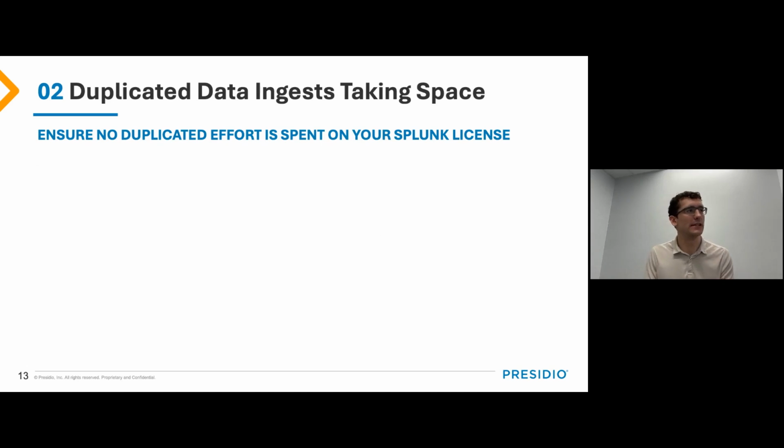Lastly here, duplicate data ingest. It's important to know that all the data coming into your system is actionable and useful, and that your full investment into your on-prem or cloud Splunk ecosystem is money well spent. Duplicate data is really against that. It's something you've already seen, Splunk's already logged it down to a T, and it's taking up space.